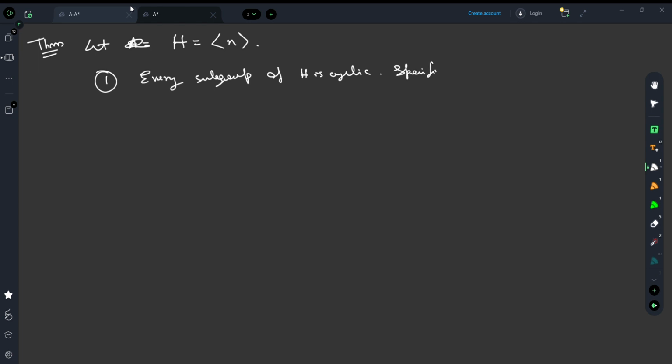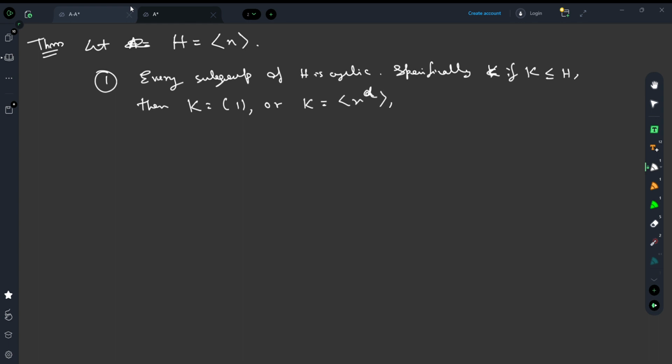So specifically, whenever you say the term cyclic group, you should always be concerned about what that cyclic group is being generated with, right? So specifically, if K is a subgroup of H, then there are only two possibilities for K. Either K is the trivial group, or K is generated by some x to the power a.